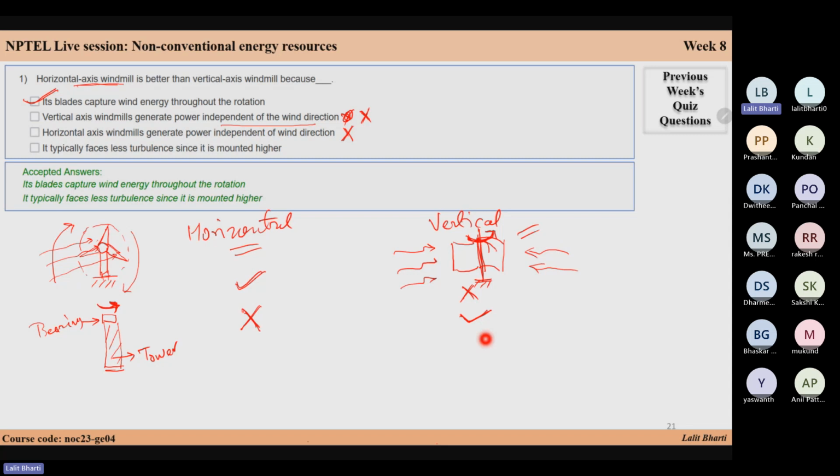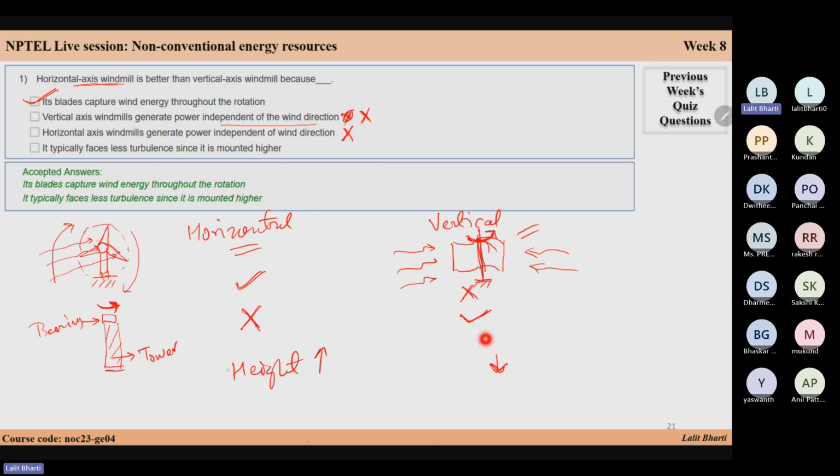Then the fourth one is, it typically faces less turbulence since it is mounted higher. So yes, the height is high for the horizontal type, whereas the vertical types are situated in low height regions or used for small scale applications, and the horizontal types are basically for large scale applications.